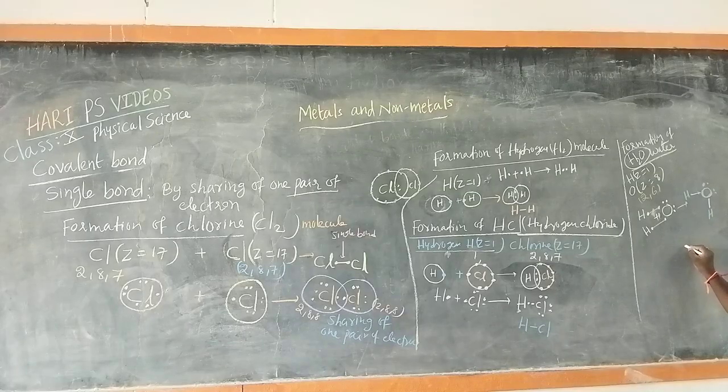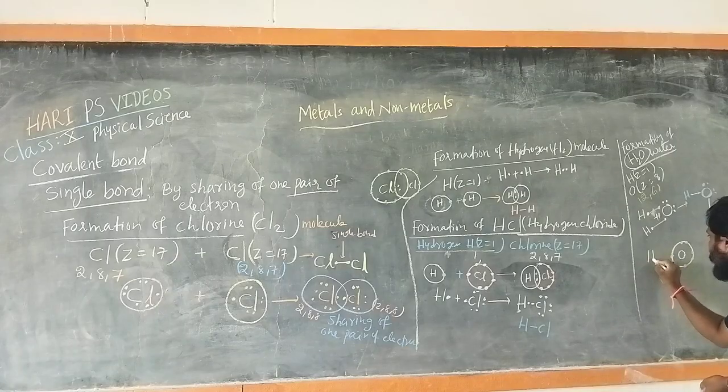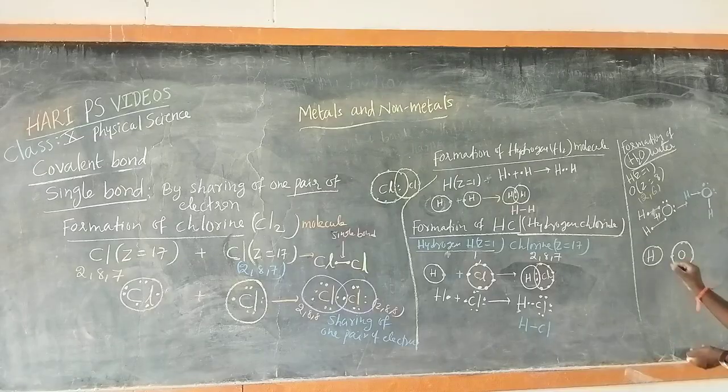For example, oxygen, one hydrogen with one electron here, then one more hydrogen with one electron, plus, then we can write like this.